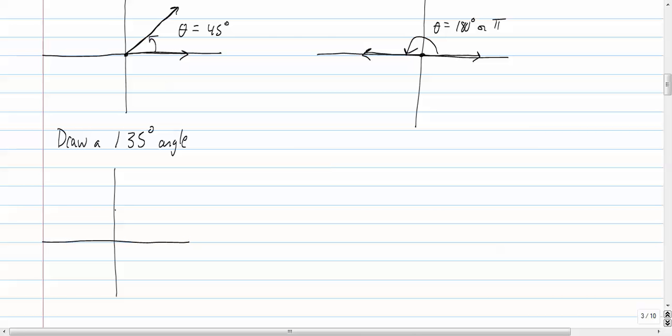Okay, how can I relate 135 degrees to what I know?